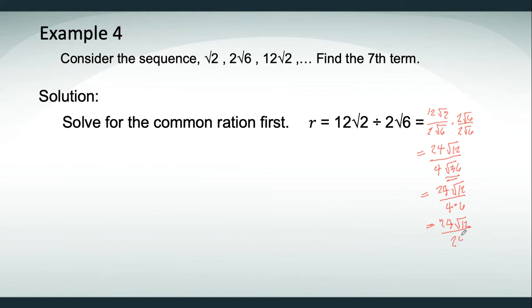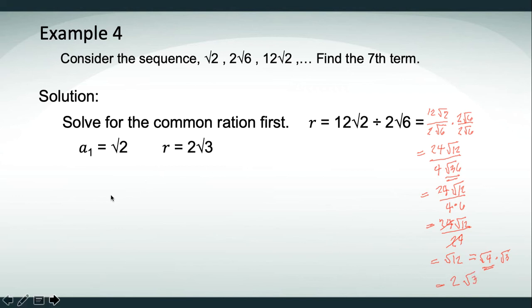Since 24 and 24 are divisible by themselves, it will be 1. And what remains is the square root of 12. We factor the square root of 12, it will be square root of 4 times square root of 3. Since square root of 4 is a perfect square, our final answer will be 2 times the square root of 3.